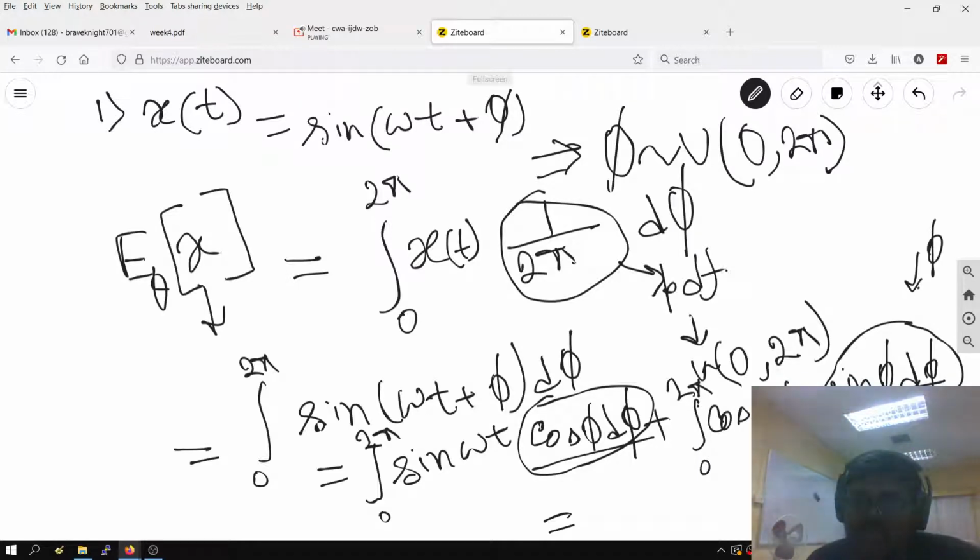So if I do the integration, it will come as 0. The term comes 0 from here and 0 also here. So what is the mean? The mean will be 0. So this is the answer.